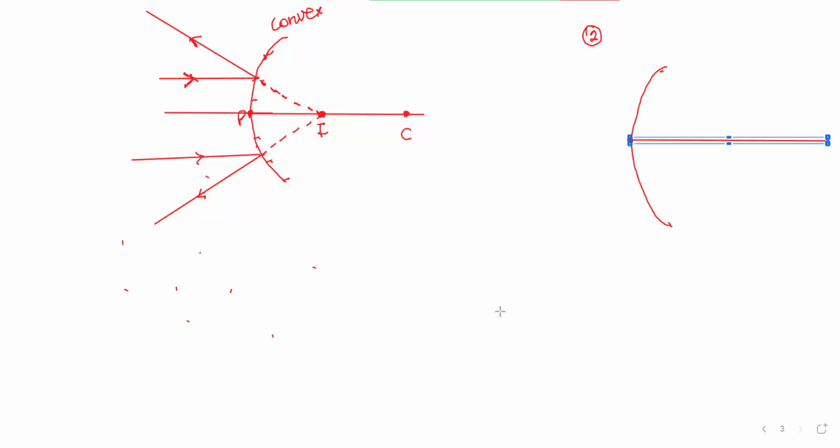A virtual F and C. F is here, same distance as C. This is the pole.